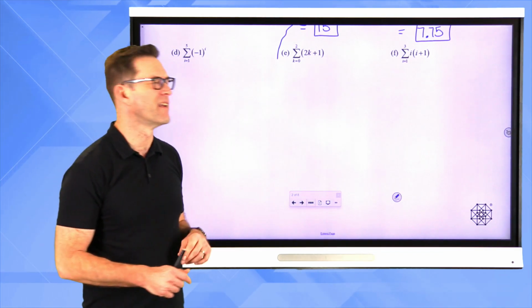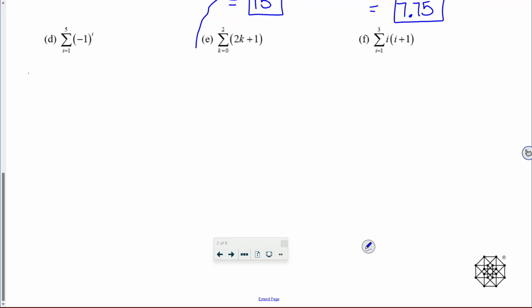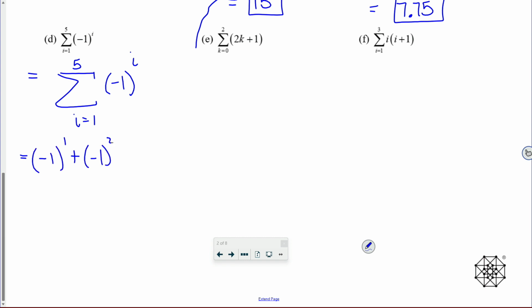Well, D's kind of interesting because in this case, again, writing it a little bit bigger, we have the summation starting with i equals 1 going up to i equals 5 of -1 raised to the i power. So we have -1 raised to the first plus -1 raised to the second plus -1 raised to the third plus -1 raised to the fourth plus -1 raised to the fifth.